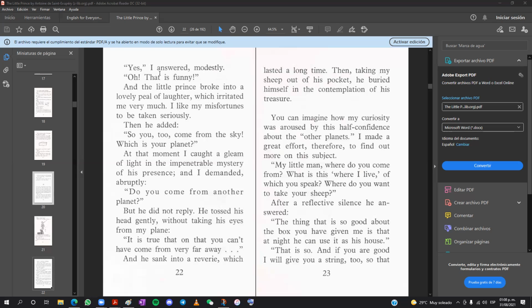Sí, respondí modestamente. Oh, es tan divertido. Y el pequeño príncipe empezó adorablemente a carcajearse, lo cual me irritó mucho. Quiero que mis desaventuras sean tomadas seriamente. ¿Ok? ¿Quién le sigue?